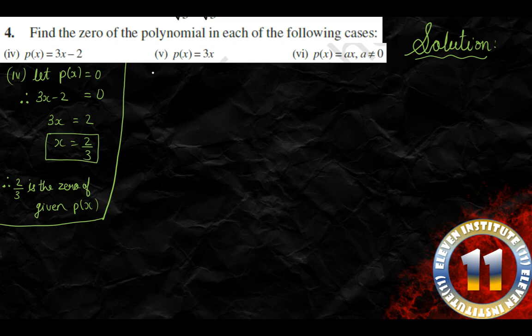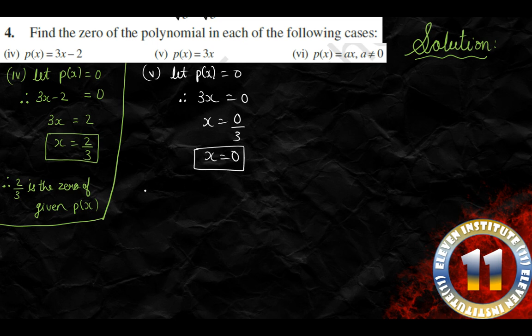So number 5 is very much simple. Again we will write let p(x) is equal to 0. Instead of p(x) we will write therefore 3x is equal to 0. Here 3 is in multiplication. When it goes to the other side, it will go into the denominator, and we know that 0 upon 3 is 0.